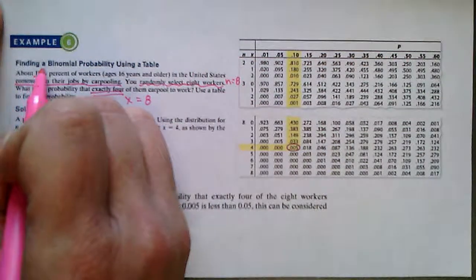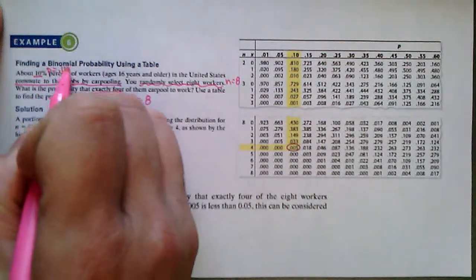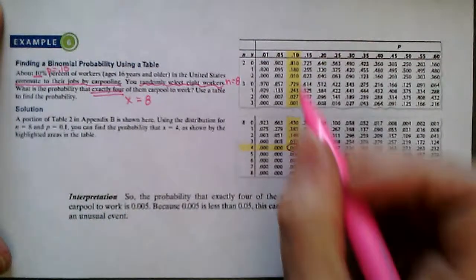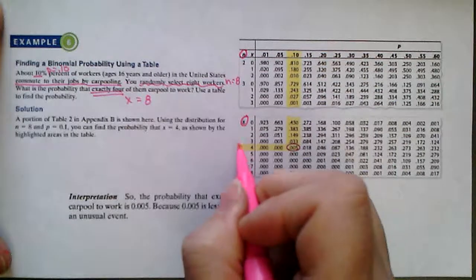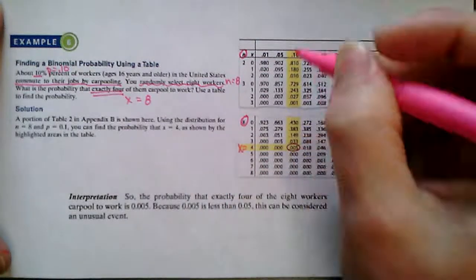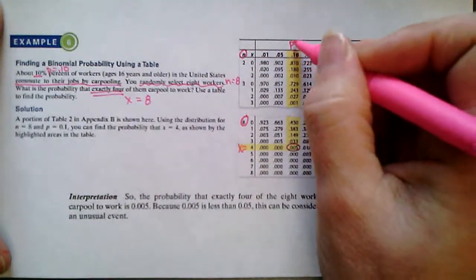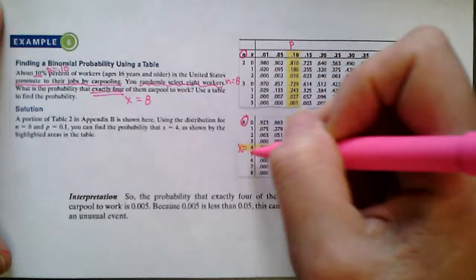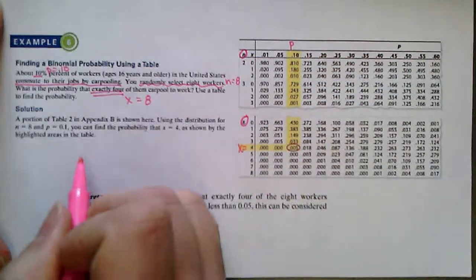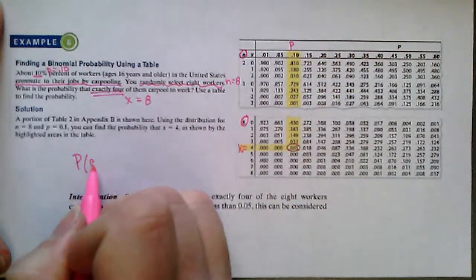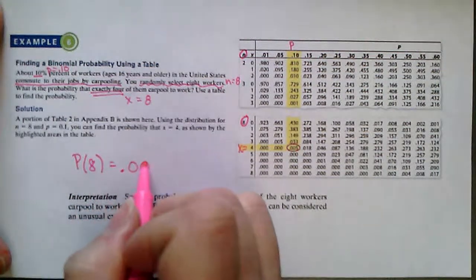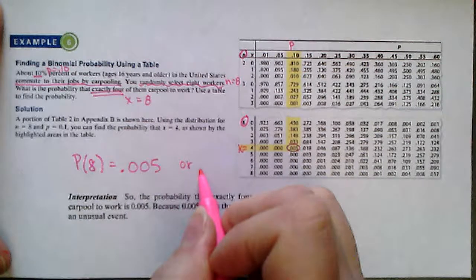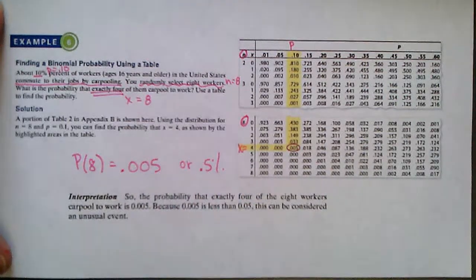P is 0.1, because that's the probability of success. So in this table, we would go to where n is 8, x is 4, and p is 0.1. And you follow along in that table, and we get 0.005. So the probability that we get 4 who say they carpool to work would be 0.005 or 0.5%.